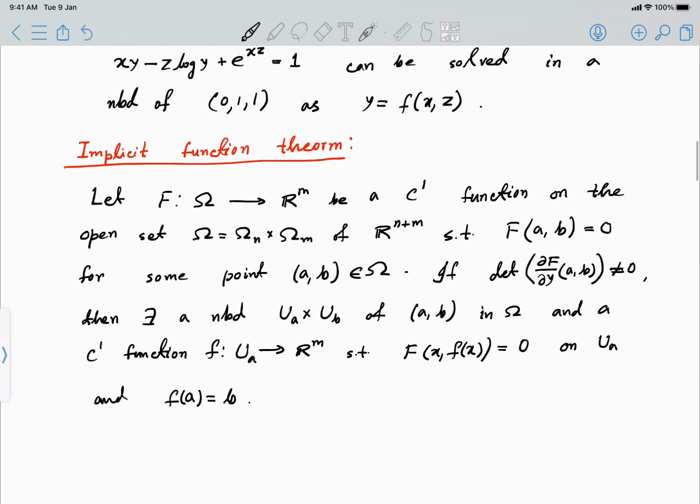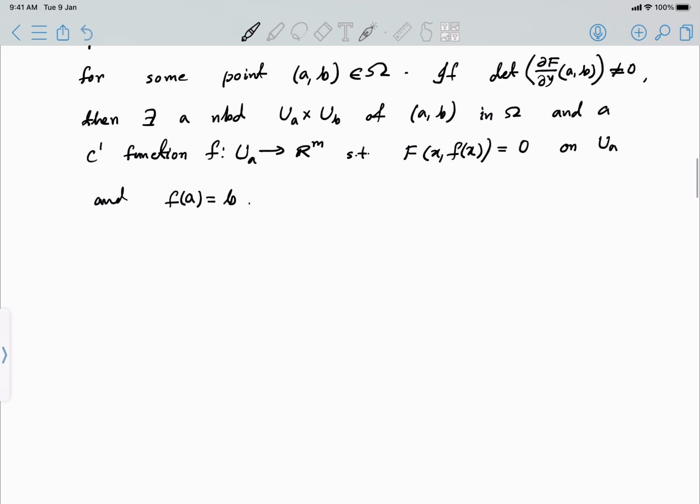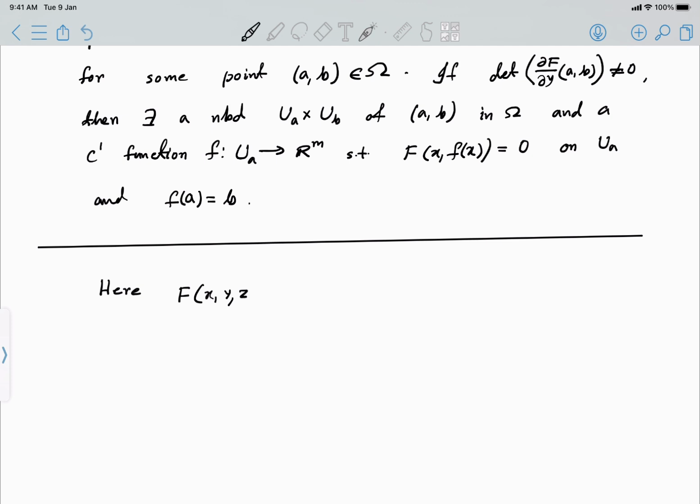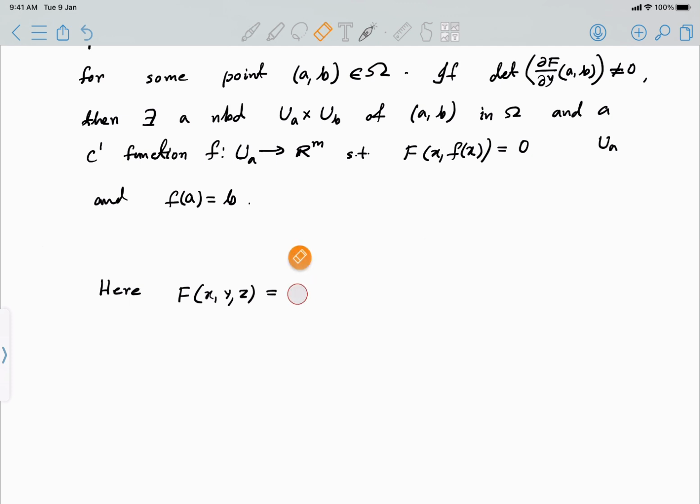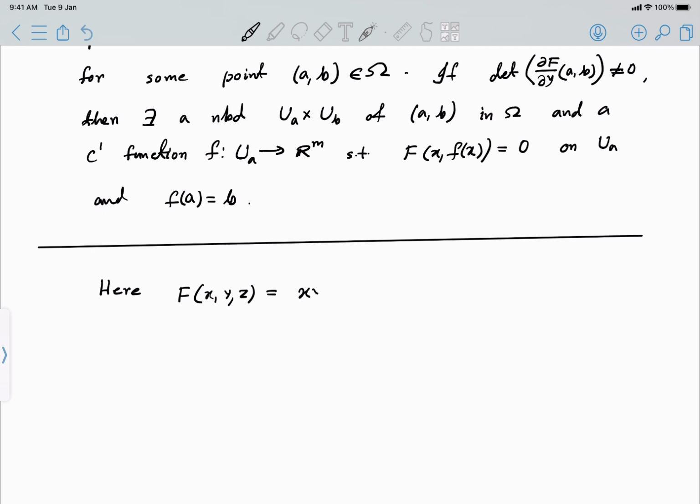So here let us define f of (x, y, z) to be xy minus z log y plus e to the power xz minus 1.